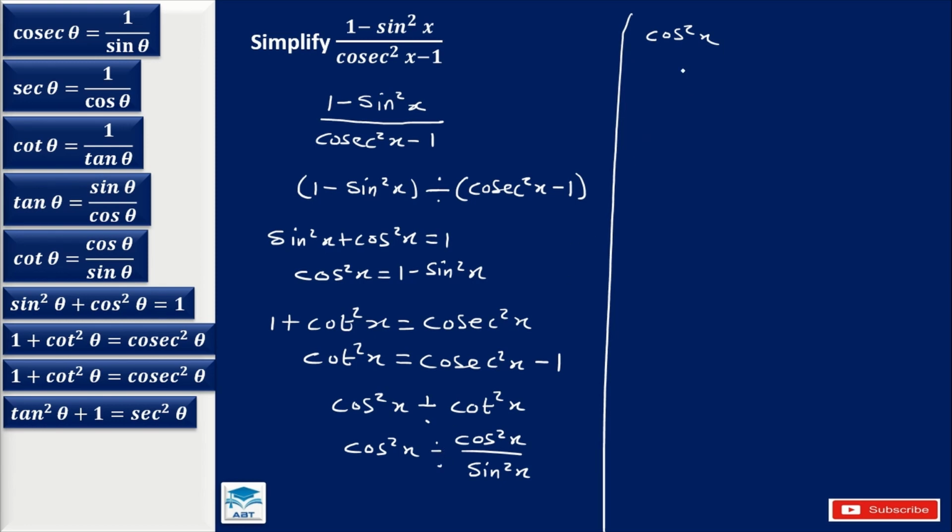And we can change the division sign to multiplication and reciprocate cos square x divided by sine square x. So we have sine squared x divided by cos square x. So cos square x can cancel and we have sine squared x as the final answer.